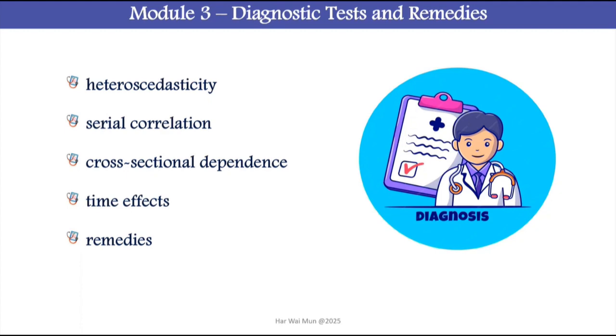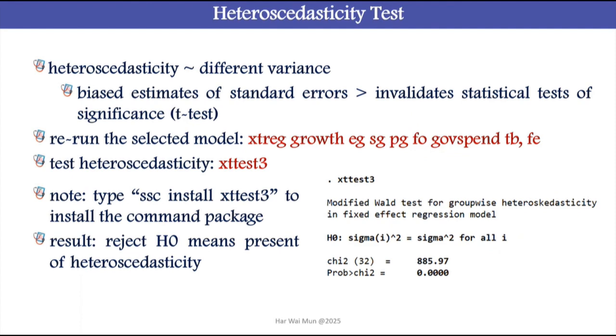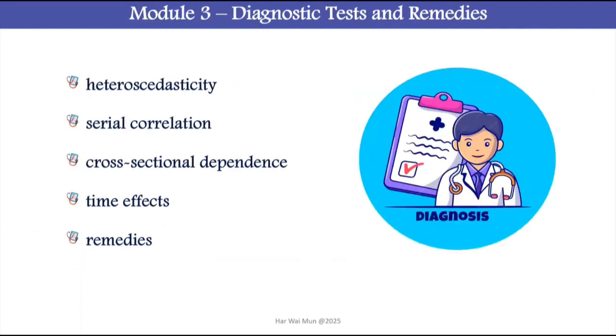But before we go far, remember we chose the fixed effect model. You might understand what the fixed effect model is. The fixed effect model runs based on certain assumptions. We won't go into detail on these assumptions, but because it runs based on them, these assumptions must not be violated.